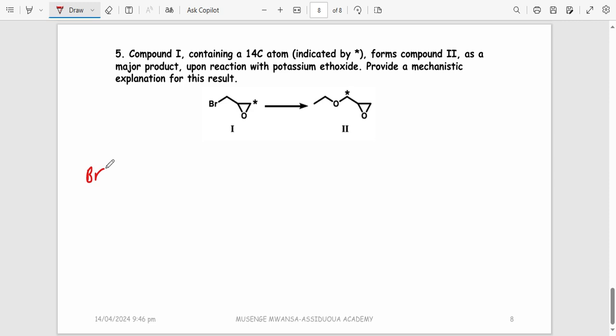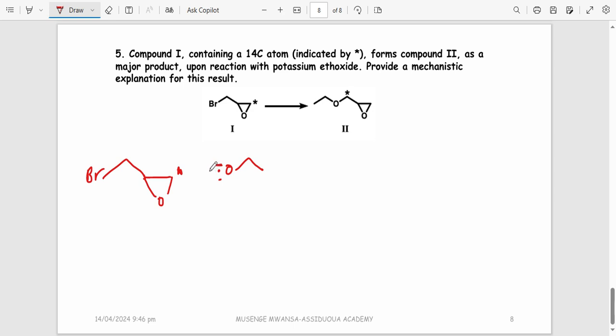So here is our Br. This is an epoxide. We've got a star there, and then we are reacting with potassium ethoxide. In ethoxide, we have oxygen bonded to an R group, and this is negatively charged. So normally this guy is going to attack a carbon that is attached to the oxygen.